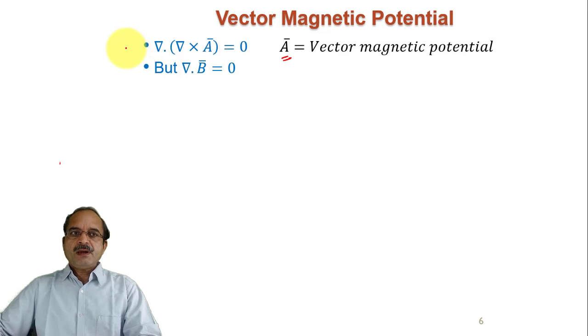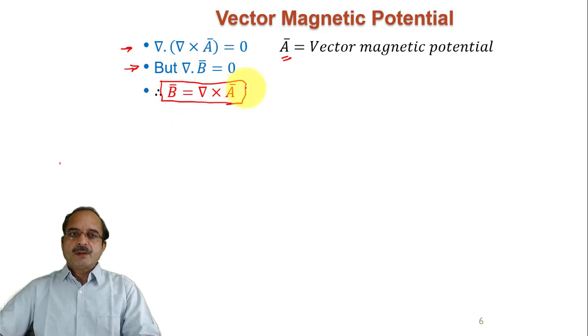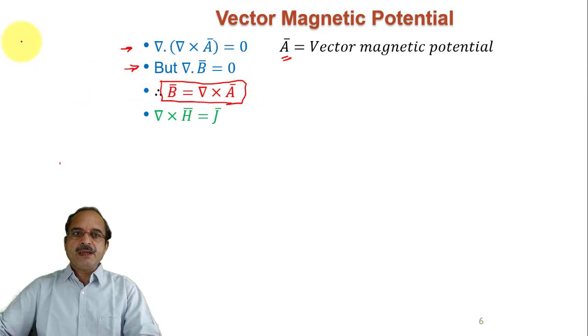So if I compare these two equations, then I can write B as del cross A. So using this equation, we can define the vector magnetic potential based on the magnetic flux density B. This equation gives us the relationship between magnetic flux density B and vector magnetic potential A.